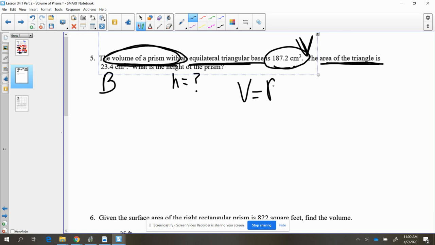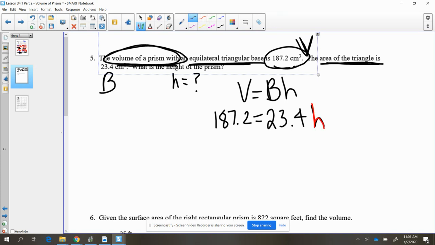So we need to kind of work backwards here. We know that the formula for the volume of a prism is the area of the base times the height. What we need to do then is plug in what they gave us: the volume and the area of the base. The problem here is the overall height, and we need to isolate that h by itself to get our final answer.